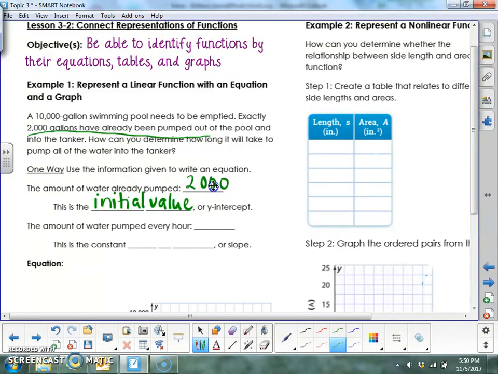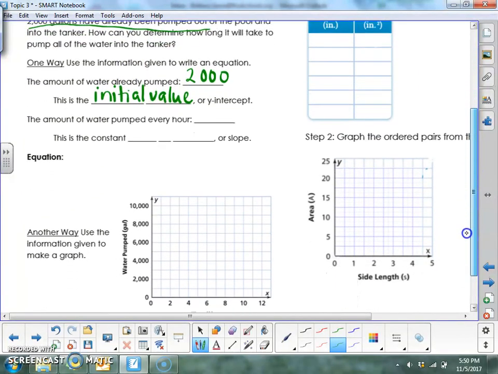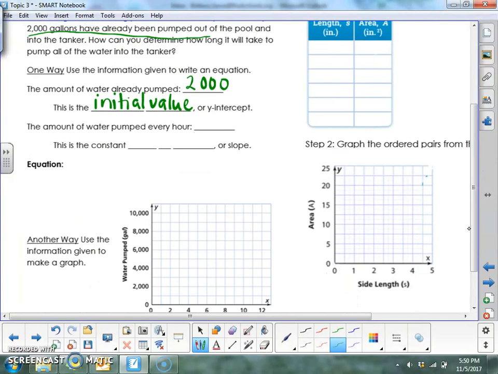The amount of water pumped every hour, so it gave us that information too. Did it give us that information? Oh, you know what? It was in the picture. The picture wasn't copied. So in the picture from the book, it says that it's taking out 720 gallons per hour.